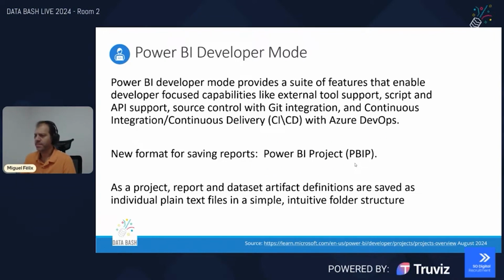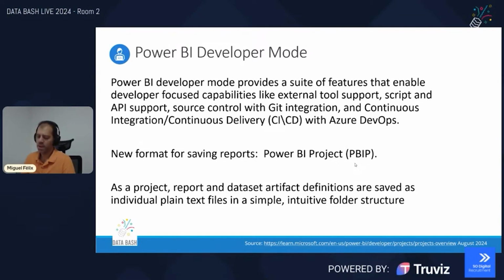Over here, this seems like a big sentence, a big talk about what it is, and everyone gets a little bit scared when they see this. But basically, Power BI developer mode is a new format for saving our reports that will allow us to access the information behind them in an easier, more readable way.